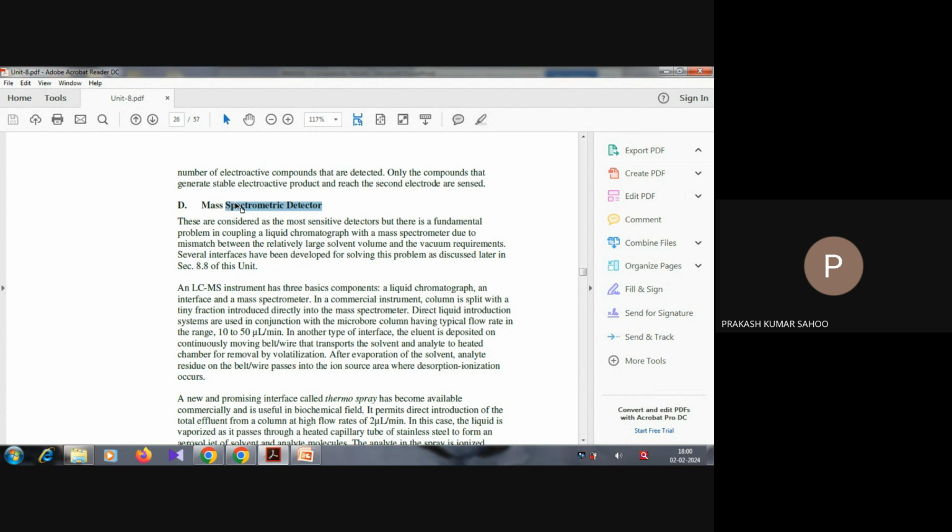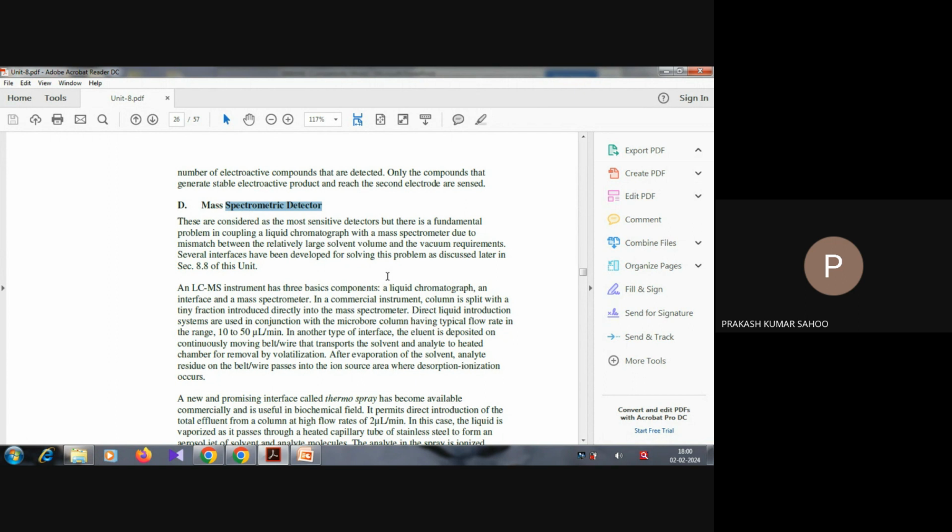This is not an electromagnetic radiation. It is the energy of an electron having very high energy, and that high energy electron bombards the atom, which gets split into small fragments. So this is the mass spectrometric detector.